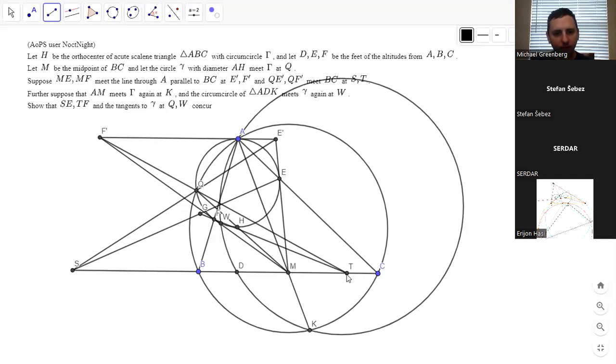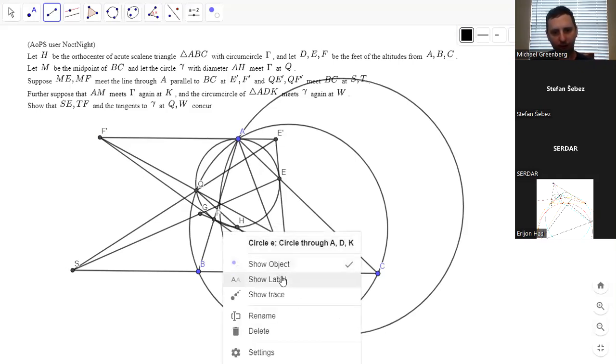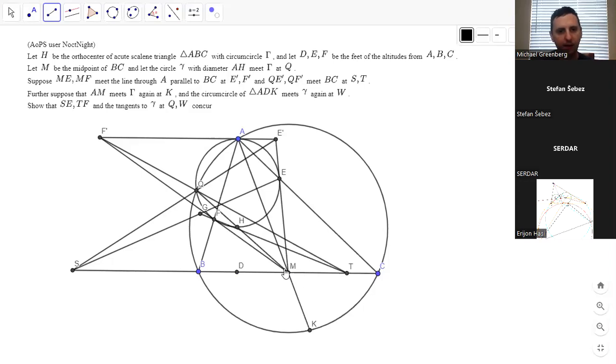First, we should ignore W. First, let's prove GQ tangent. Okay. So you can hide the circle too. Let me draw the altitudes. Can you intersect MH with E prime F prime?